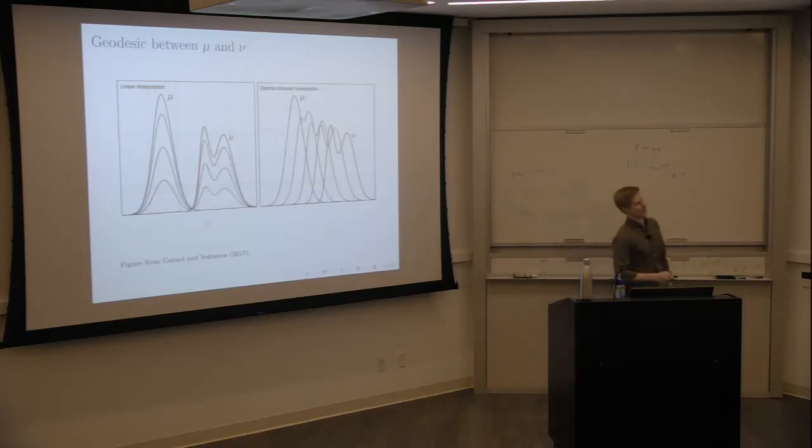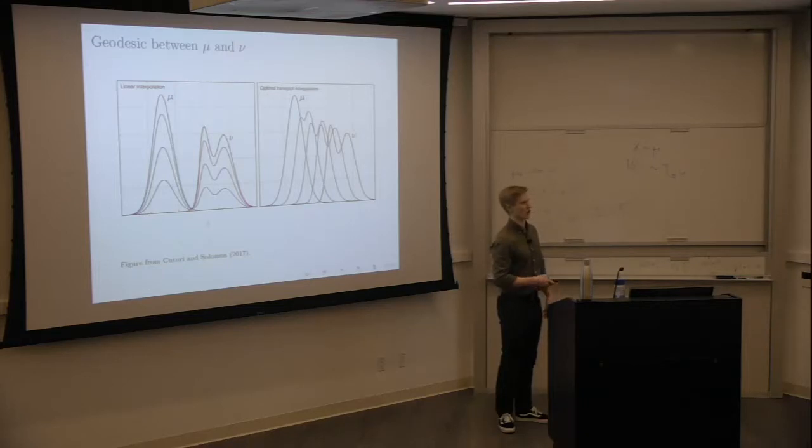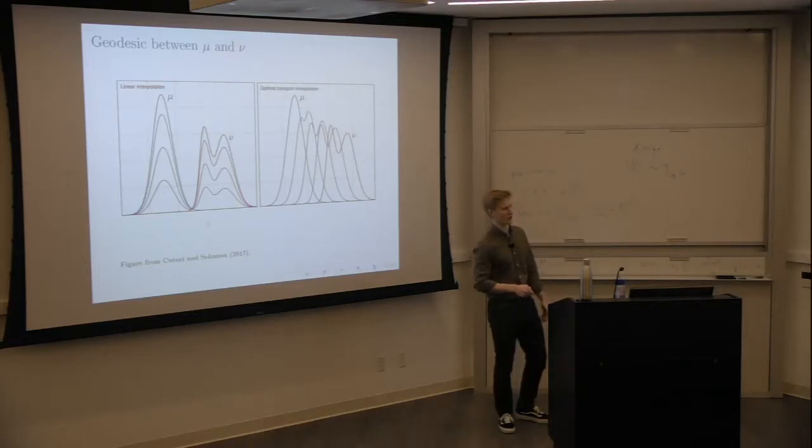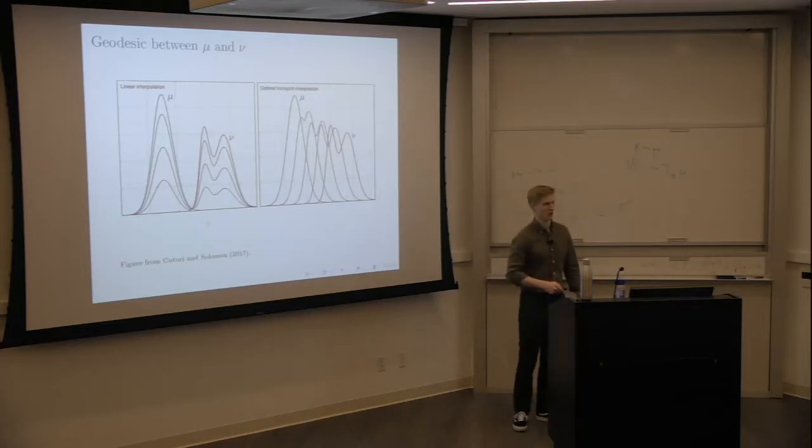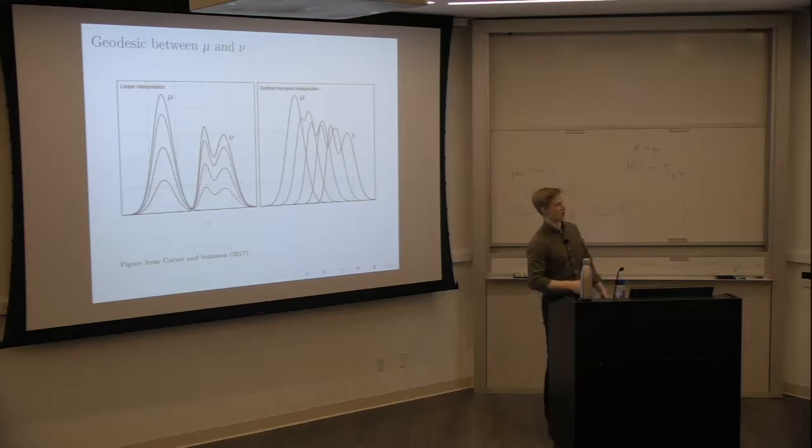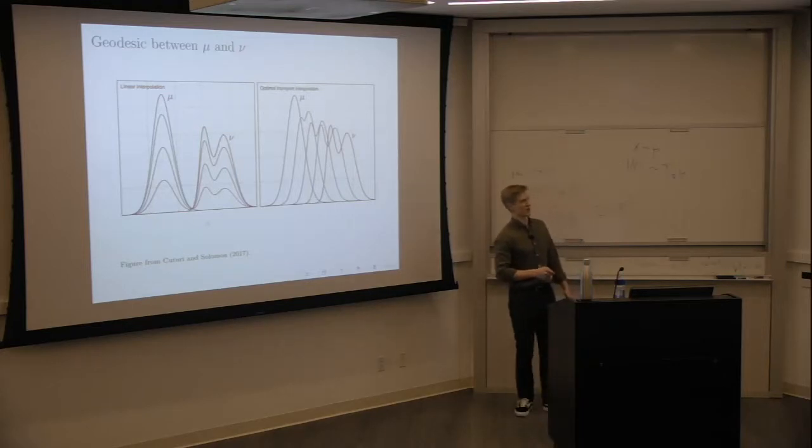So here's a picture to emphasize the difference, or rather how optimal transport is able to incorporate information about the domain, about the geometry. These are interpolations, or geodesics, between mu and nu. Nu here is the most red curve, and mu is the most blue curve.